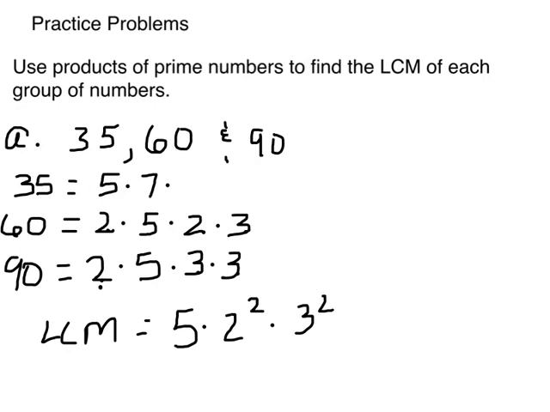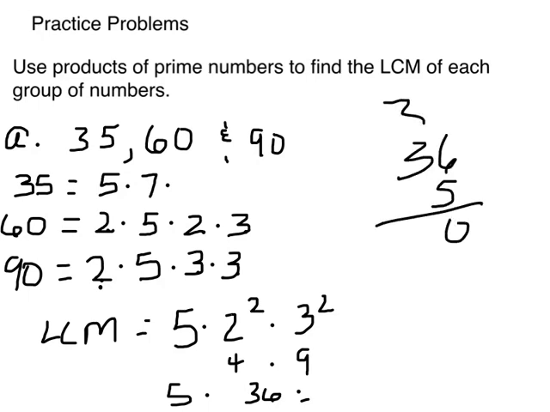All right, so 3 squared is 9 times 4, which is 36, times 5, and 5 times 36 is, let's see, 30, 18. So 180 is the least common multiple.